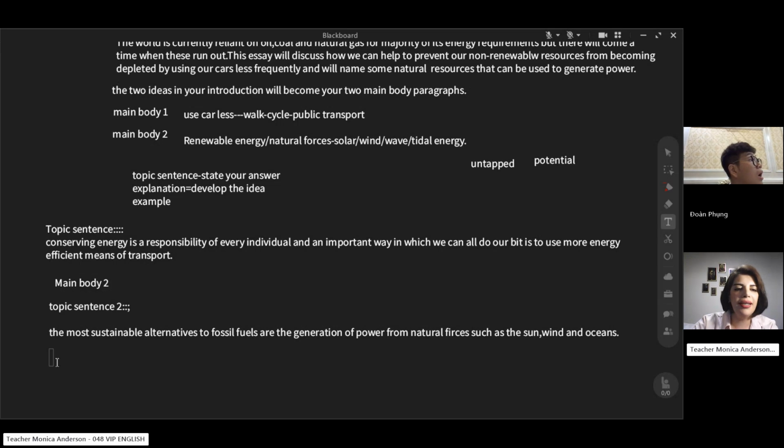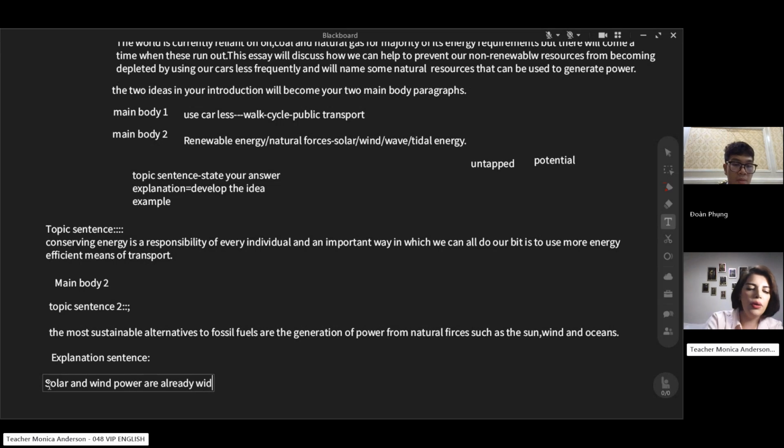Now, explanation sentence. We can say solar and wind power are already widely used across the world.